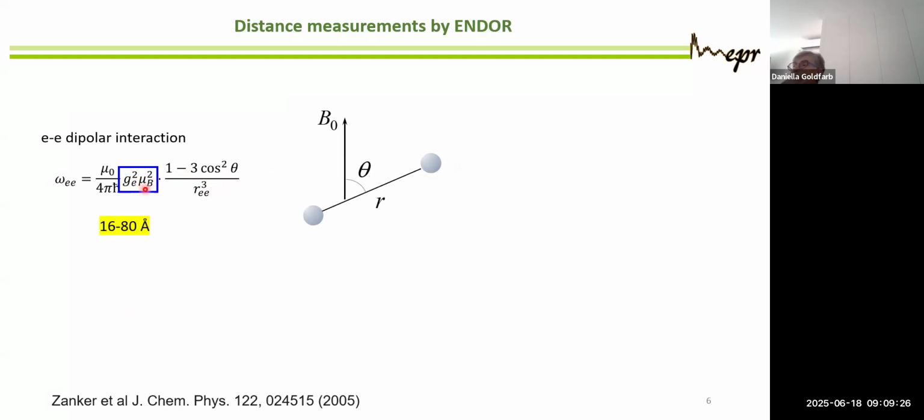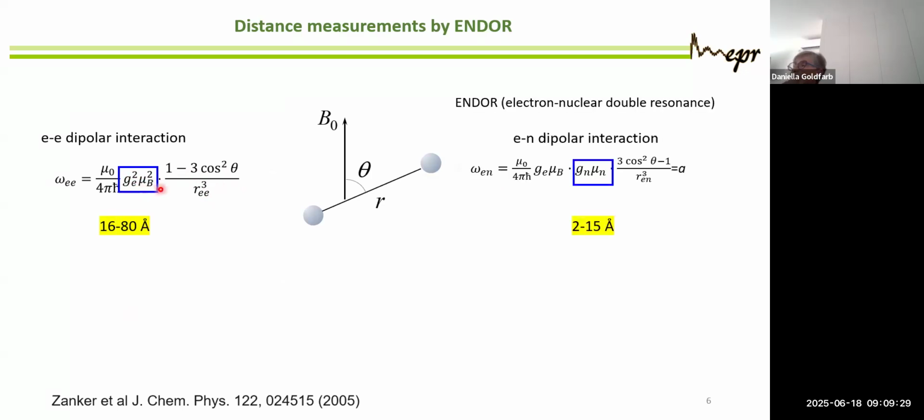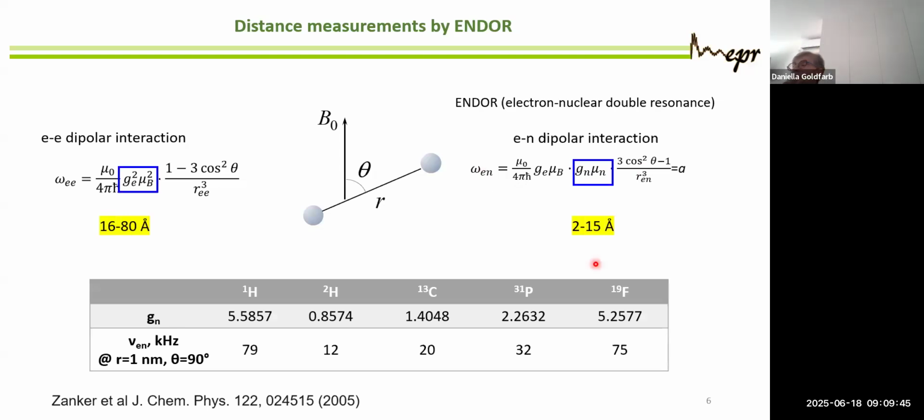So now if we measure with nuclei, so we have an electron and a nucleus, we have this term that is different, and then this electron nuclear frequency, of course, will be smaller. This is still the same. So let's look at which nuclei are popular that we can use, and what type of hyperfine coupling they will give for 1 nanometer distance.